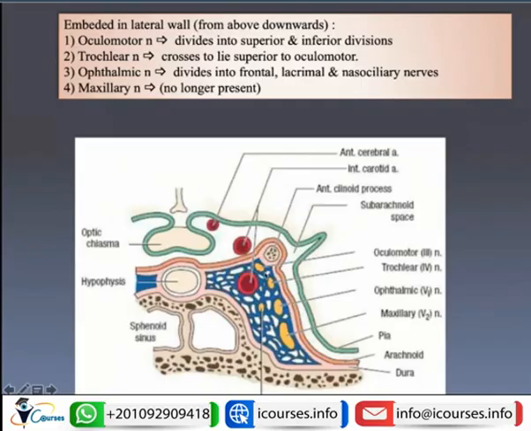This can be grouped into the following cranial nerves. The first one will be the third cranial nerve, then the fourth, then the first division of the trigeminal, then the second division of the trigeminal, while the abducent nerve runs infralateral to the internal carotid artery and not in the wall. So these are the nerves that pass through the lateral wall of the cavernous sinus.